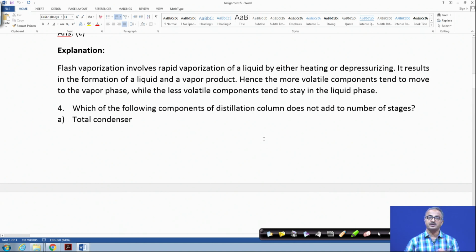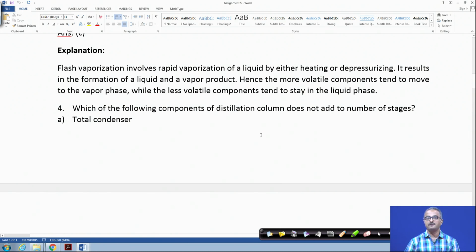So when you are partially doing it, it becomes something like the flash or the partial condensation we studied, and we found that ideally a flash or a partial condensation will lead to an equilibrium state, so that the vapor and liquid phases will be at equilibrium after flash or partial condensation, and that will ensure the maximum possible separation of the components between the two phases.